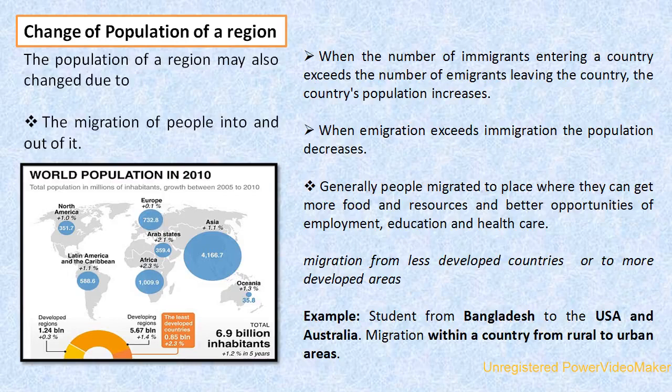When the number of immigrants, the people who are coming into a country, exceeds the number of emigrants, the people who are going out of the country, then the country has an increase in population. For example, in India there are 1,000 people. 200 people came from the US. So the total number of people in India is 1,200.